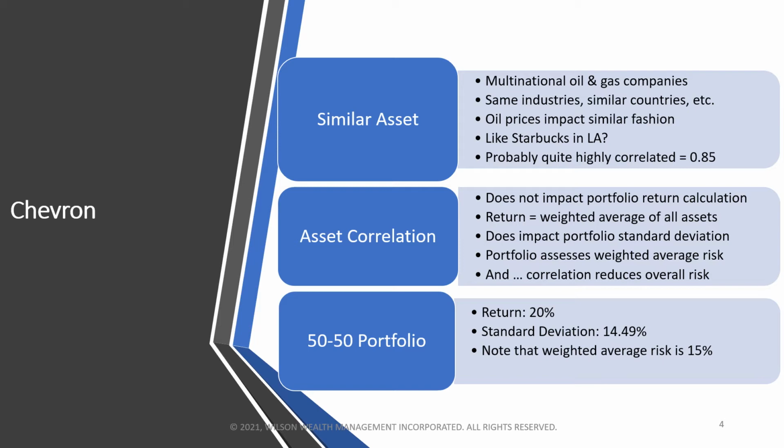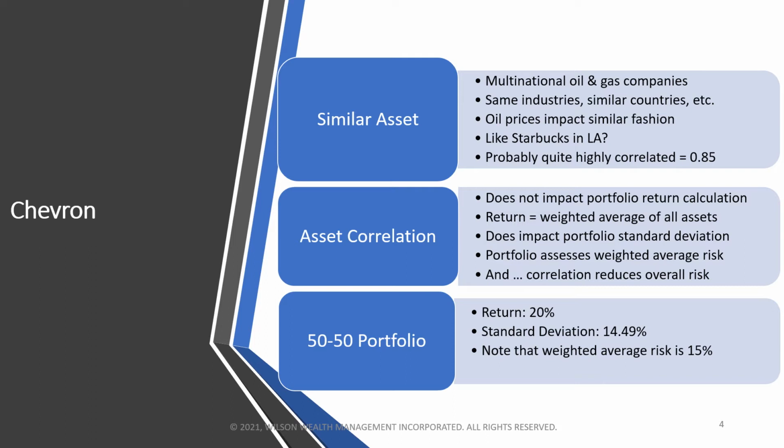The asset correlation coefficient, the 0.85, does impact portfolio risk measures, the standard deviation. And here's where I kind of fall down the Investopedia trap as well, because I don't think either of us would be happy if I started pulling out complex calculations and formulas and we went through the minutia.